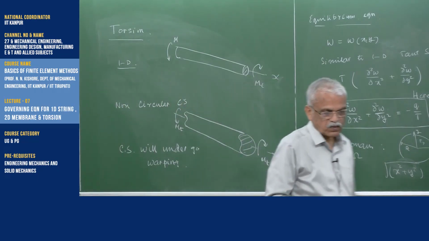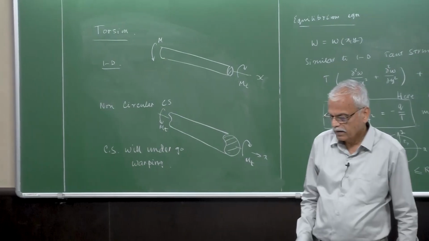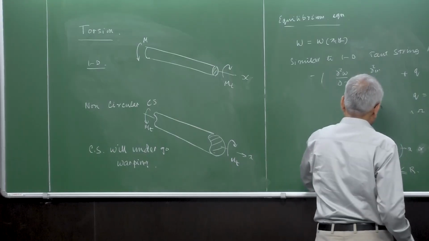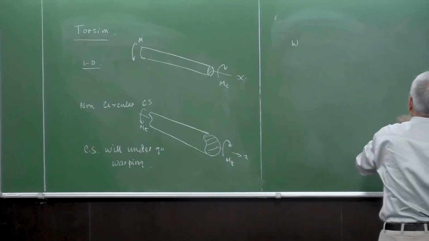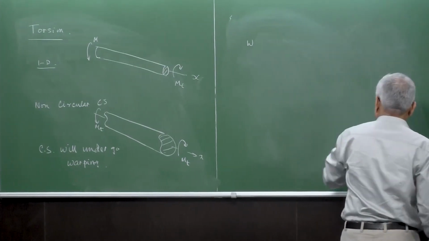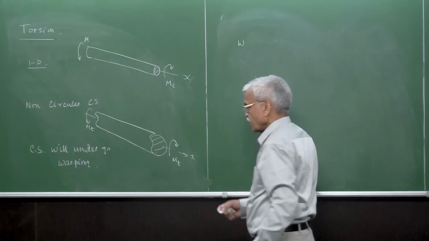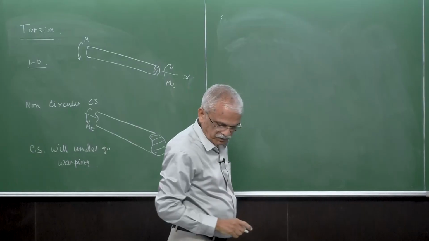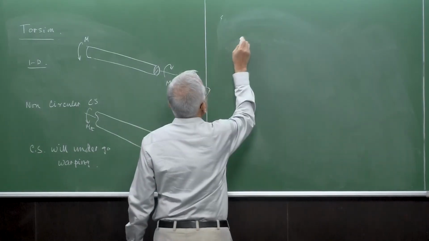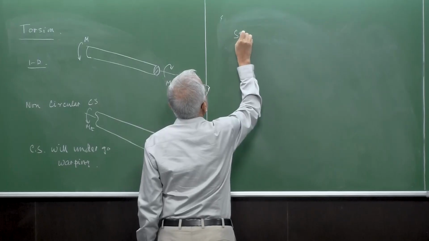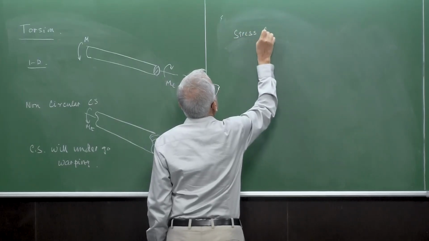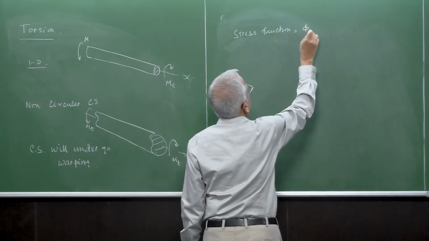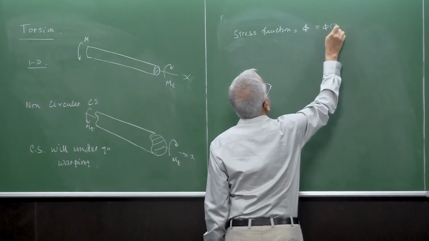So typically there is a theory developed by Saint Venant by a complex mathematical analysis of two-dimensional stress analysis. Here there is a warping function, or there is a stress function, in terms of stress function phi.